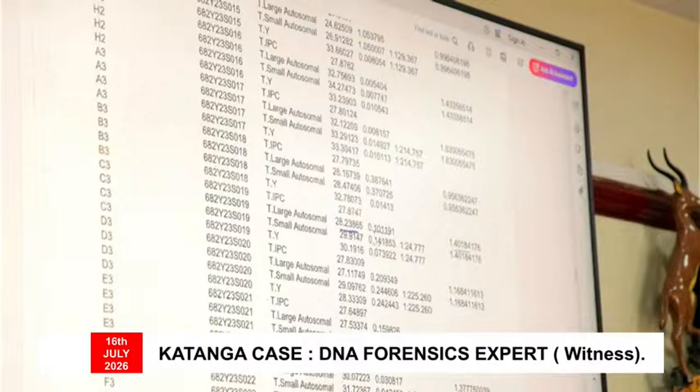That's an indication of what? That there's likely male and female DNA in there. But you notice that they are different. They are different, yes.